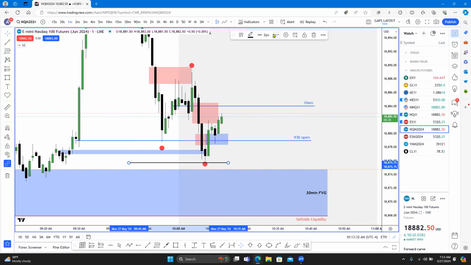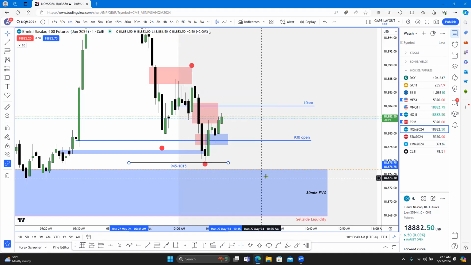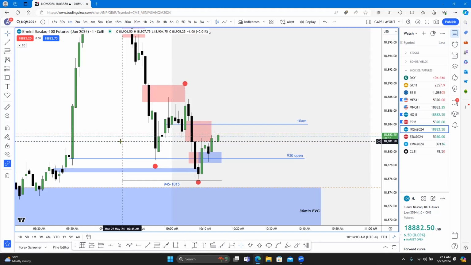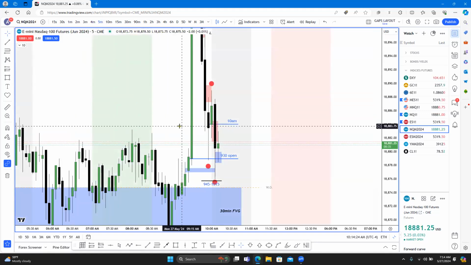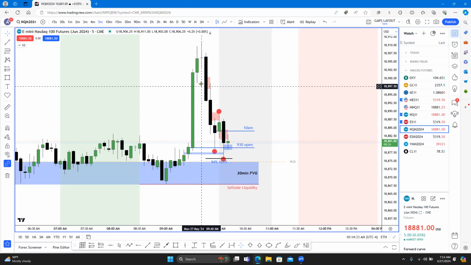10:15. So we also want to remember to go up time frames, look at 5 minutes, see how PD arrays are being respected in here.